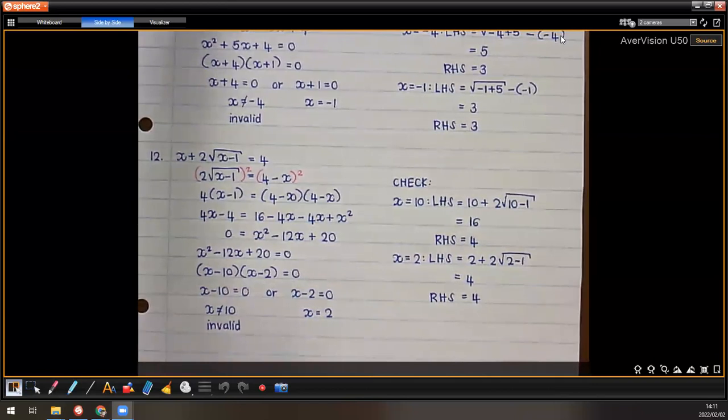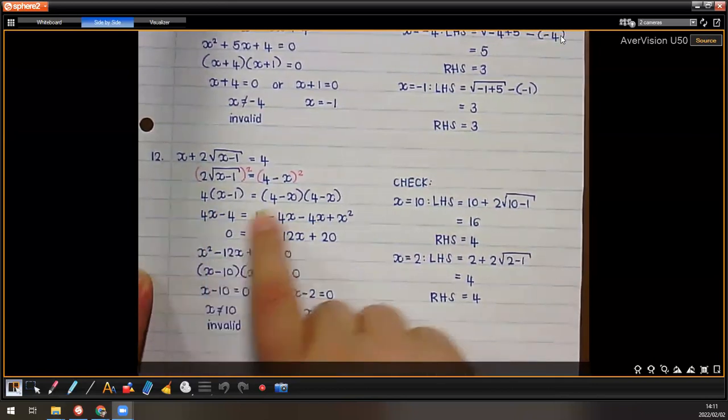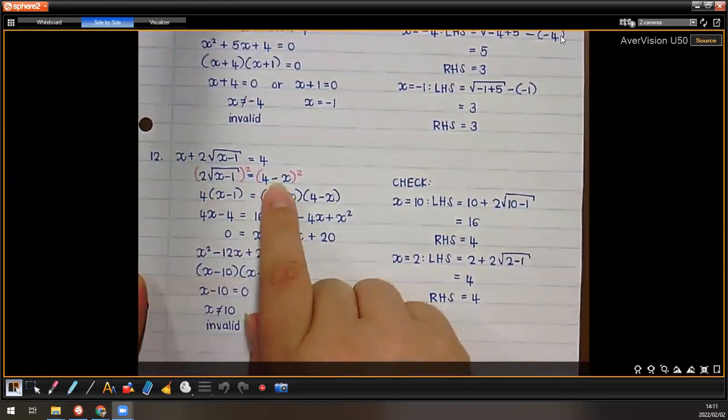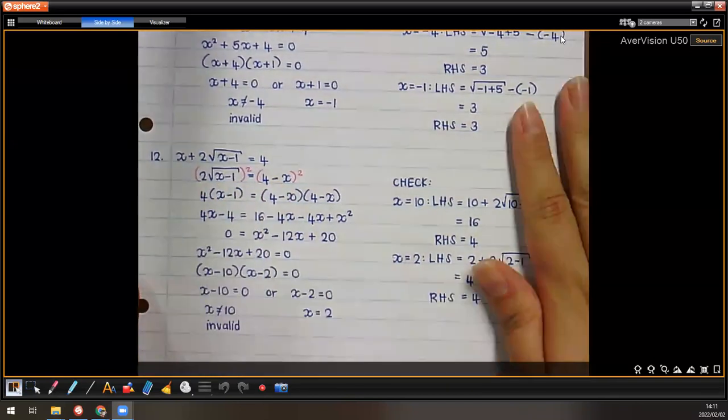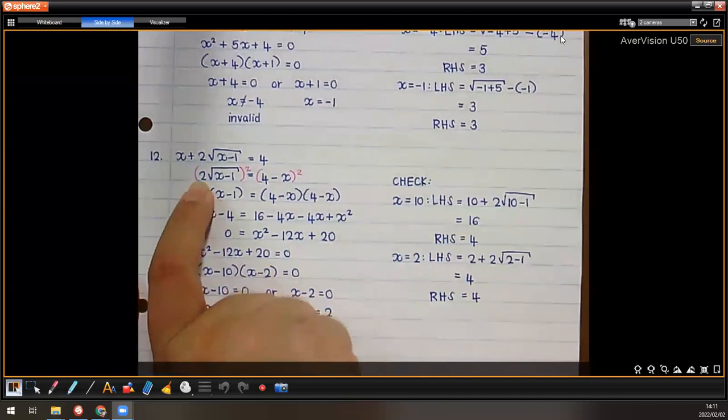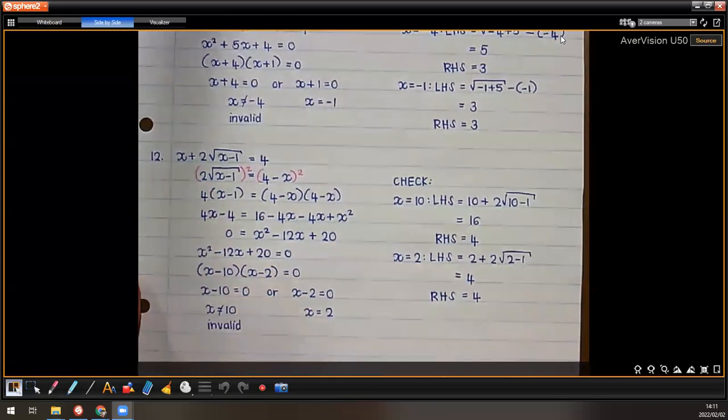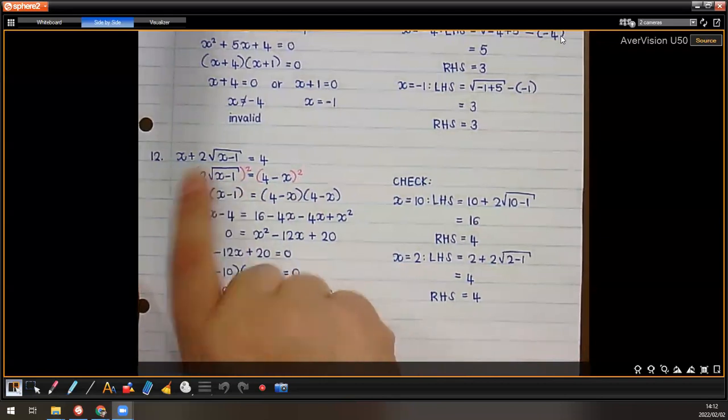For question 12, again, we have to move the x, it's positive x here, so it's going to become minus x here. And then guys, remember we did an example yesterday where there was a number in front of the surd. So then I said, don't move that number across, rather square the number and the surd together. Otherwise, you're going to create a fraction, all right? So leave it like this, square that whole thing.